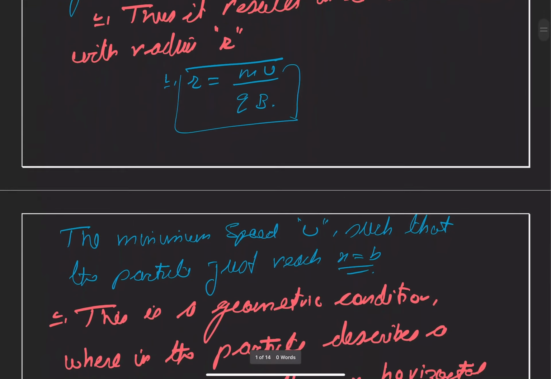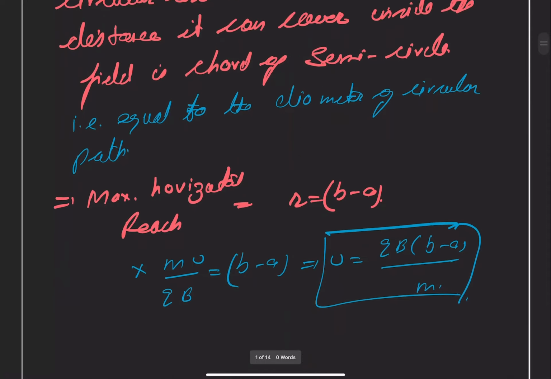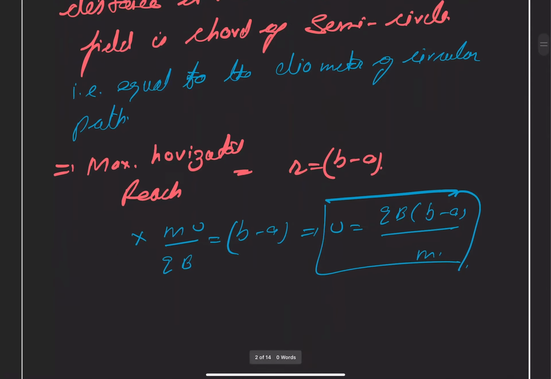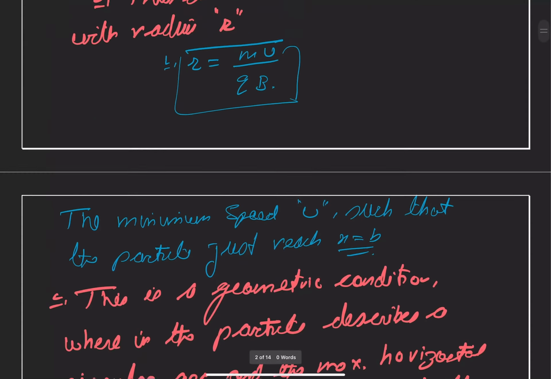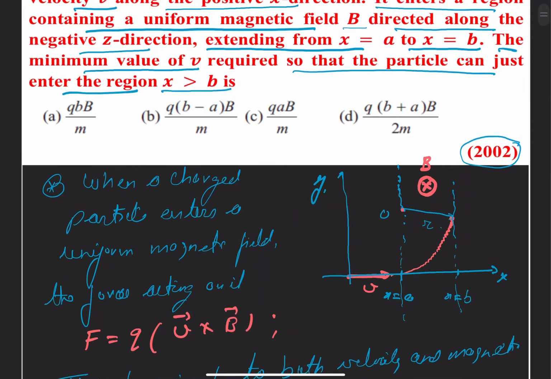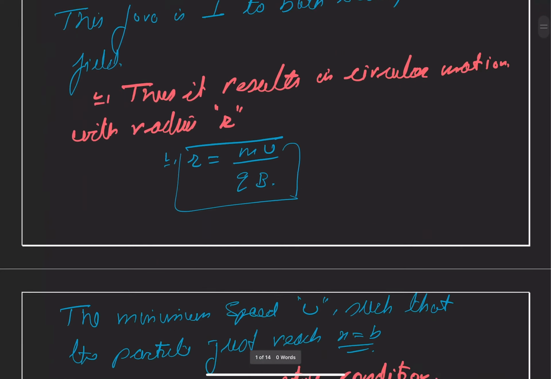Here I made a mistake: the radius will be equal to b minus a, not 2r. So this is the velocity, and option B is the correct option.